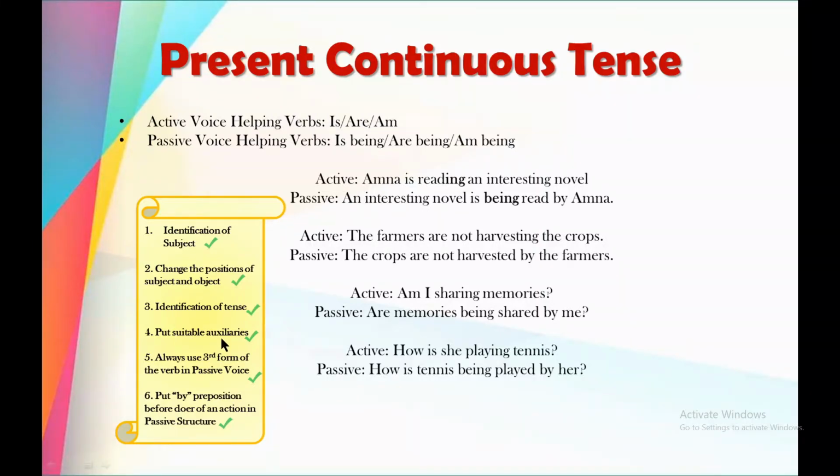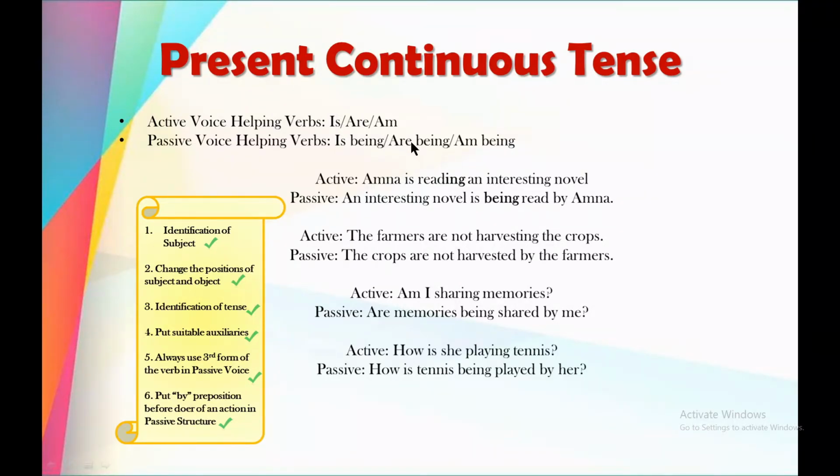Put suitable auxiliaries. My dear students, in present continuous tense, is remains is, are remains are, am remains am. To get rid of this ing form, we add a word with is, am, are. Instead of is in passive structure, we use is being.